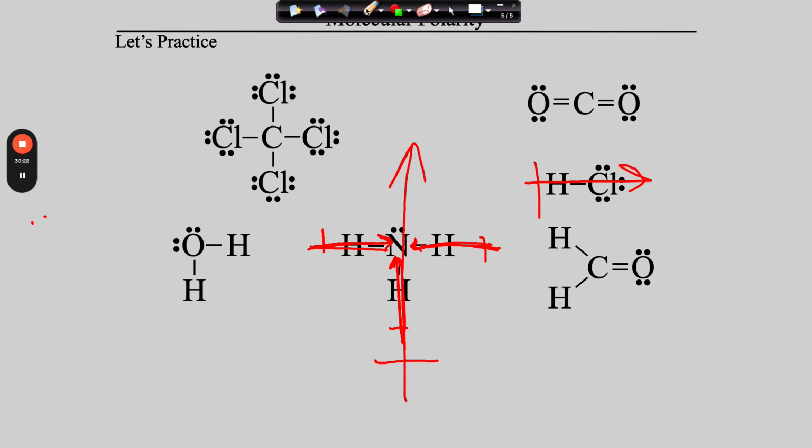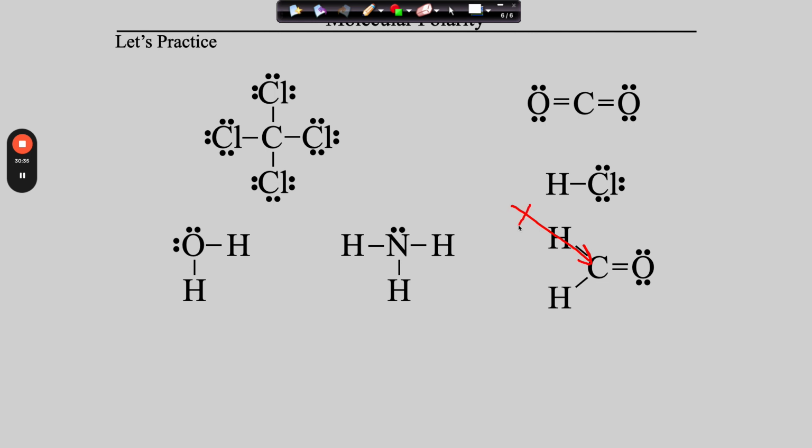So guys, help me through this. Carbon, a little bit more than hydrogen, right? It's like 2.2 and 2.5. Okay, so guys, this bond, let me clean up my mess. This bond towards the carbon, this bond towards the carbon, but then oxygen is stronger than carbon, yeah?